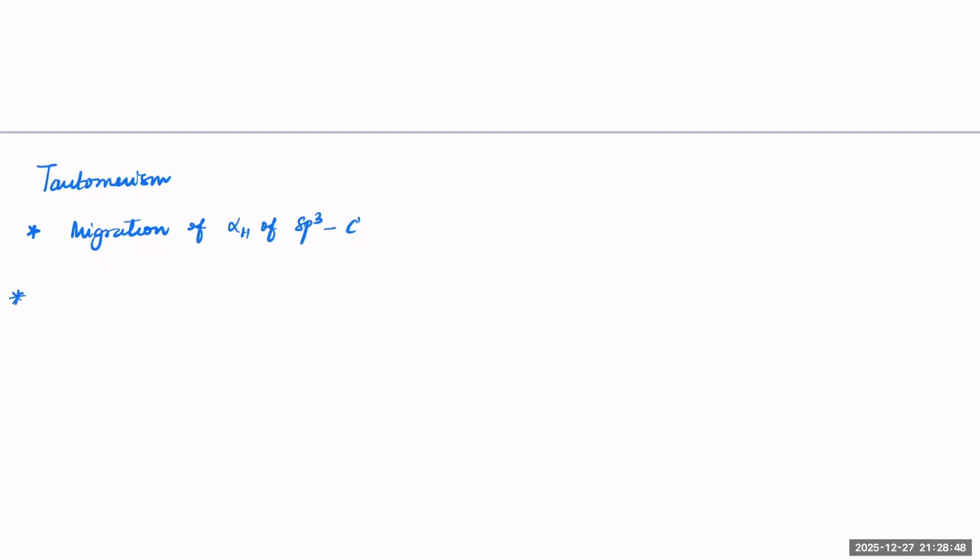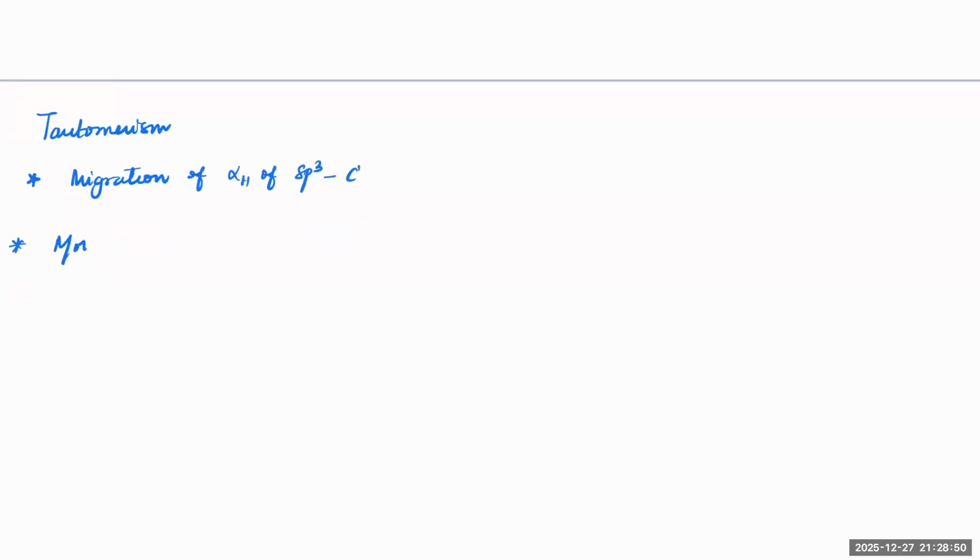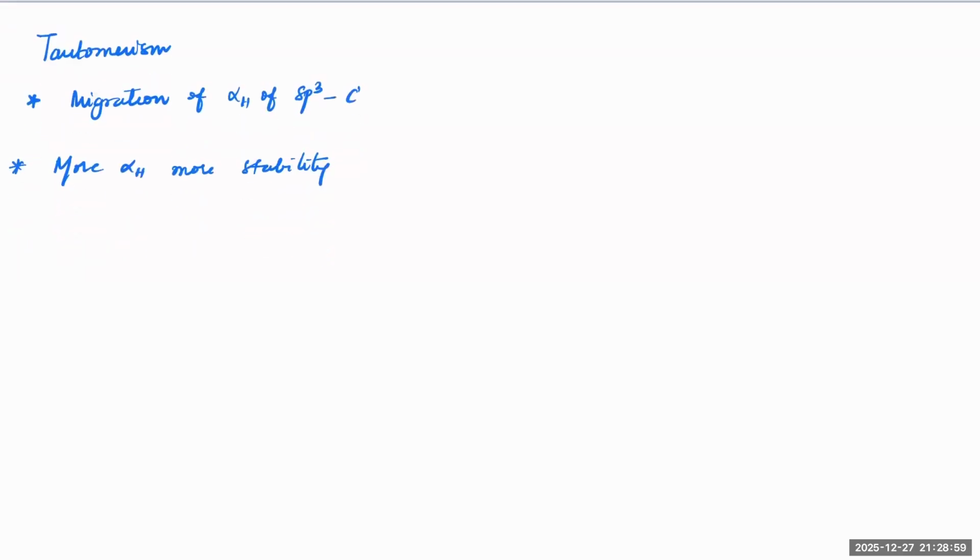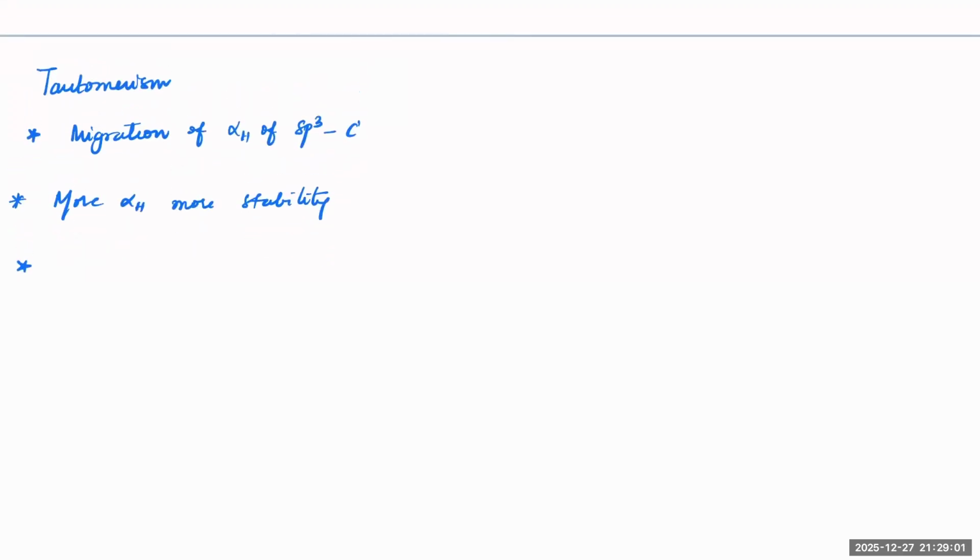Okay. So you can see more alpha hydrogen, more stability. Next one, we learned that we can have tautomerism happening in solvents, and you will see basic medium is greater than acidic medium. I explained you through mechanism.